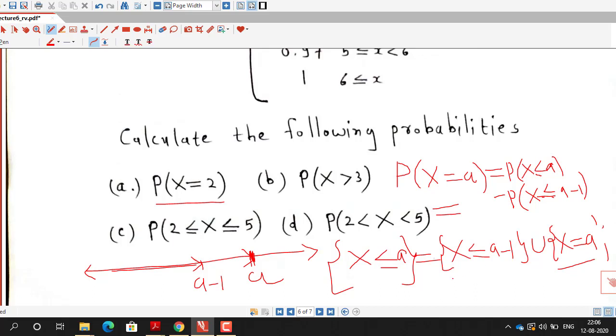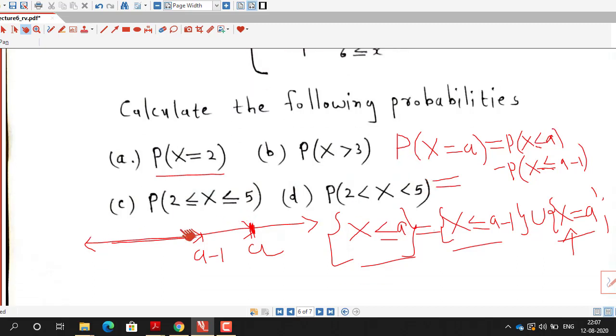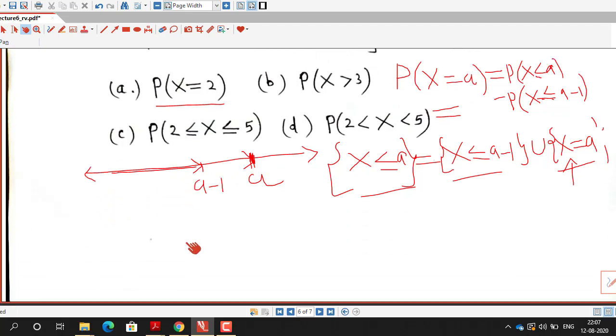These two are disjoint events, so the probability of the union is the sum of the probabilities. Now by definition this is F of a, and this is F of a minus 1. So you don't have to remember these formulas.